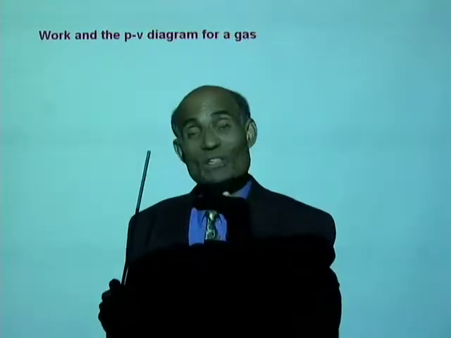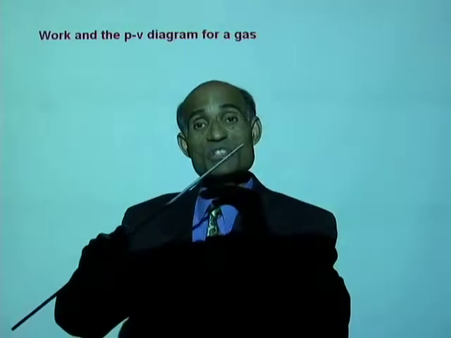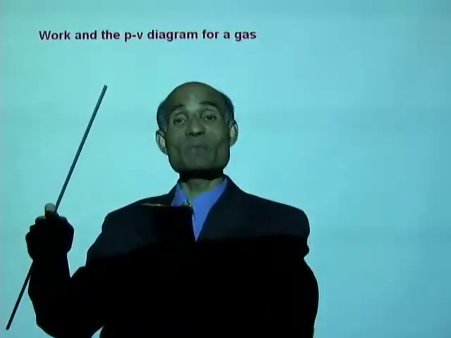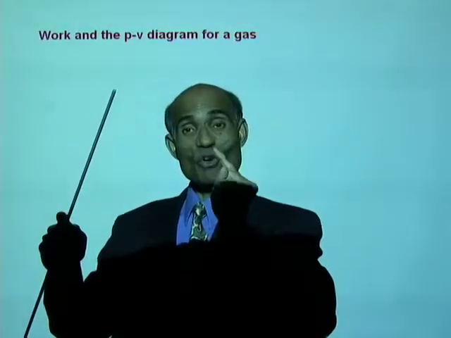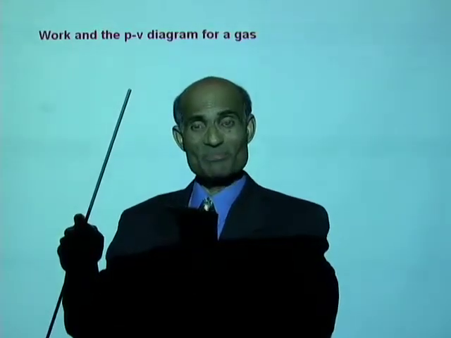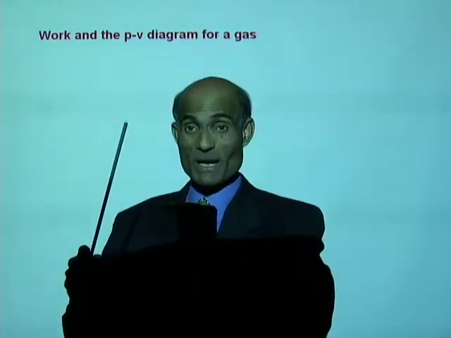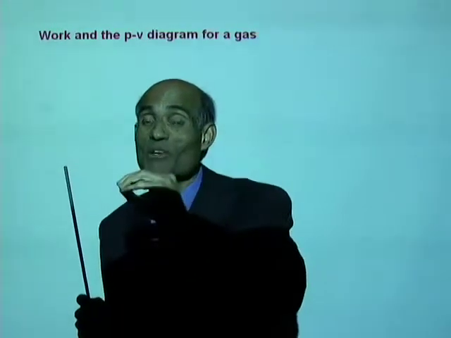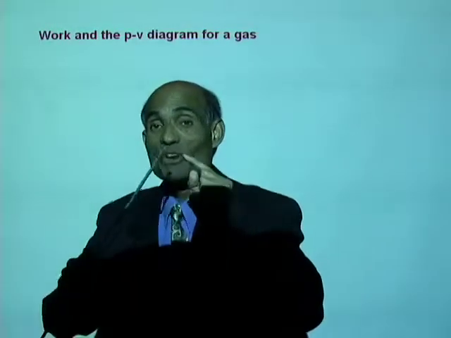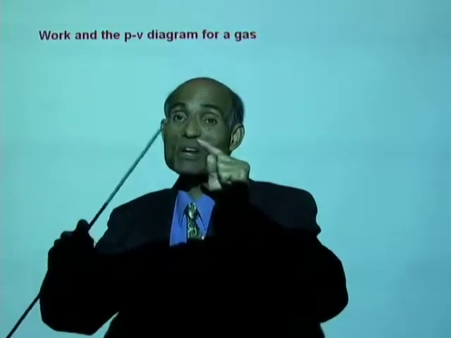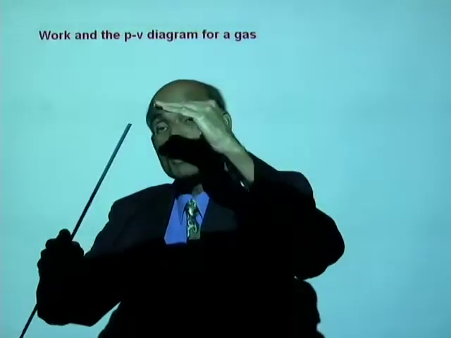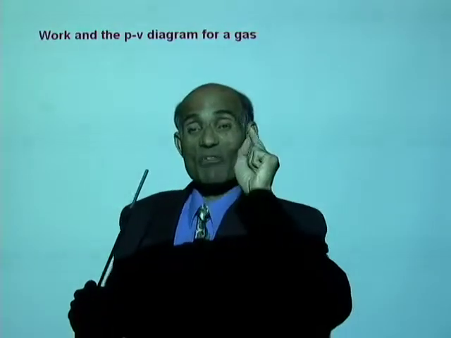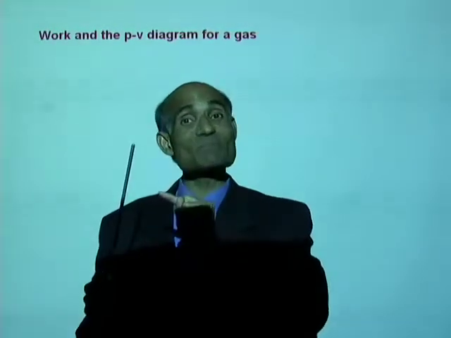We said work done by a force is the area under the force-displacement graph. Work done is force multiplied by displacement, and if force does not remain constant, then work done can be measured as the area enclosed by the graph of force against displacement.